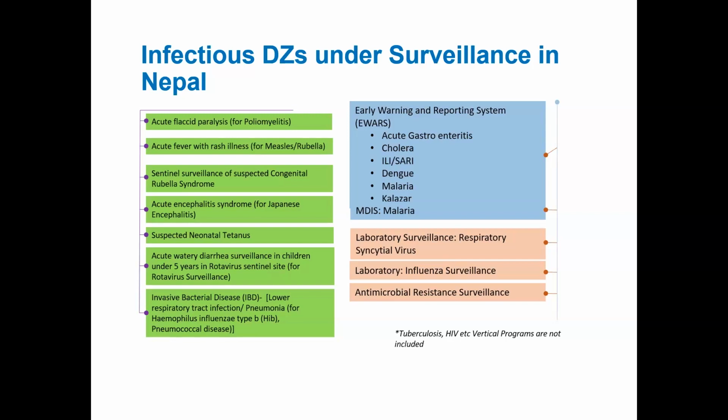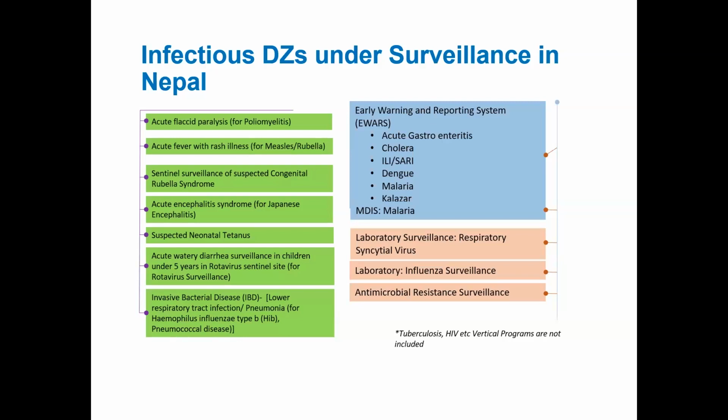It conducts surveillance of 2 syndromes and 4 specific diseases that are epidemic prone and in line for national elimination. Before that, some other diseases were also under surveillance through the system. Another is the Family Welfare Division, which does surveillance of immunization preventable diseases like polio, rubella, congenital rubella, JE, neonatal tetanus, and so on.